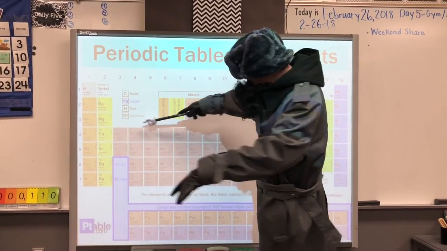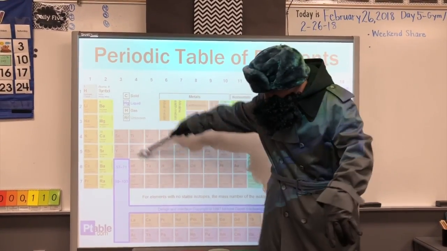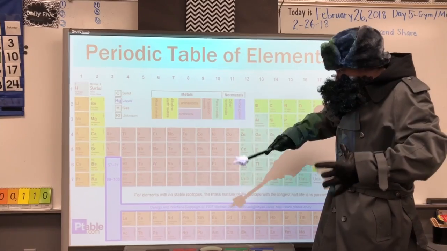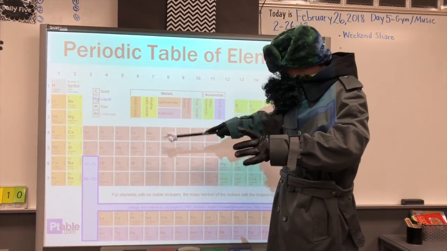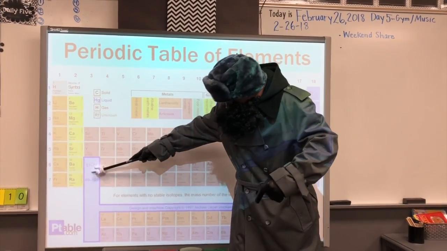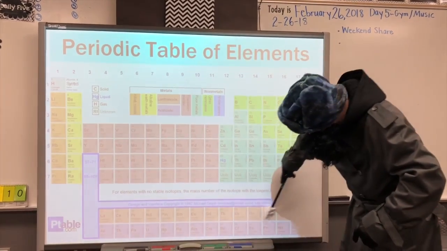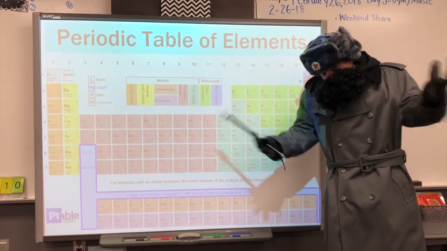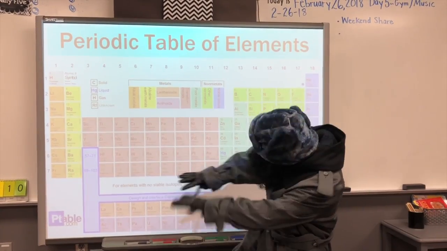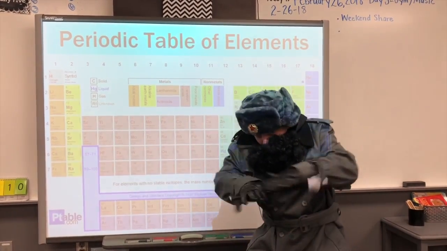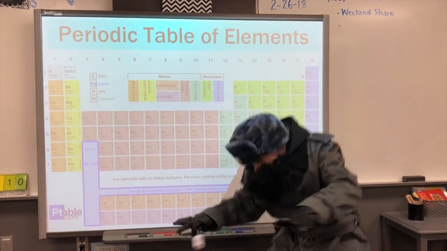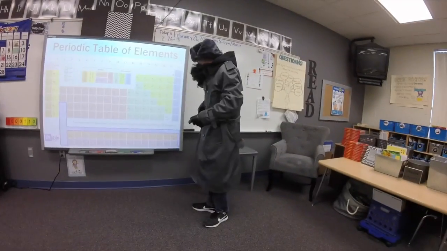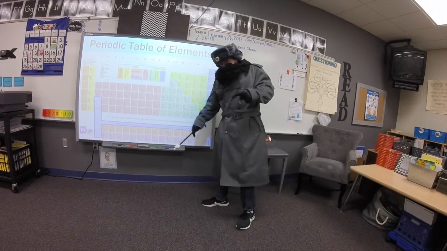Now, in the middle here, this is all one big group, called the transition metals. However, there's a strange little group right down here, and all these are the inner transition metals. These two groups are broken down into their own groups, the lanthanoids and the actinoids, right at the bottom.